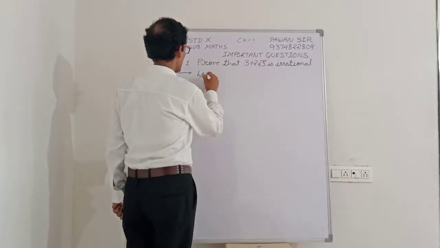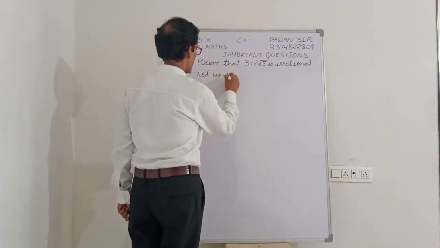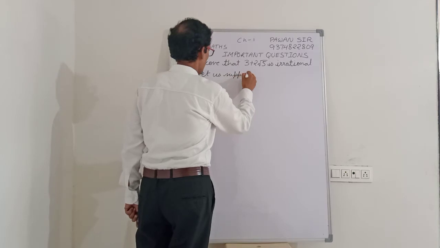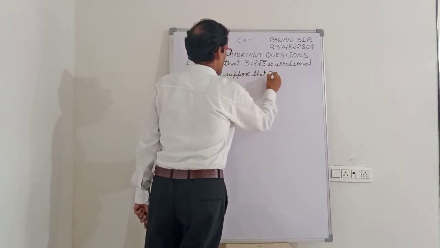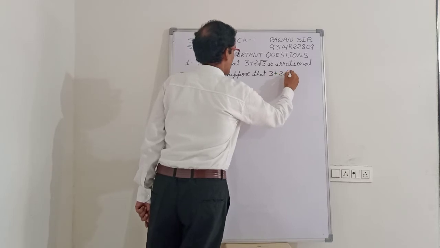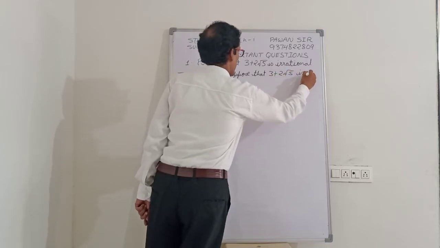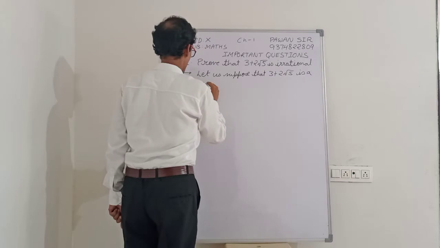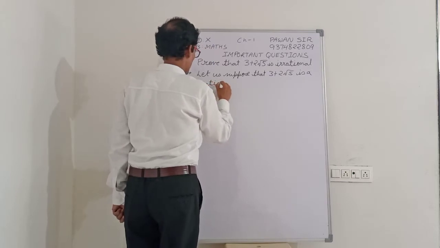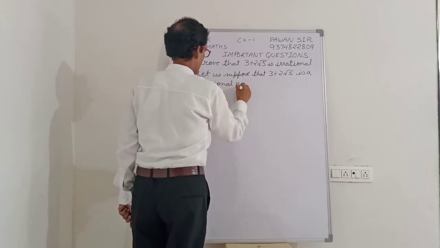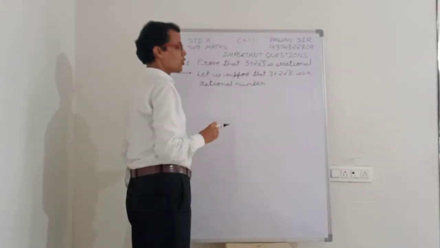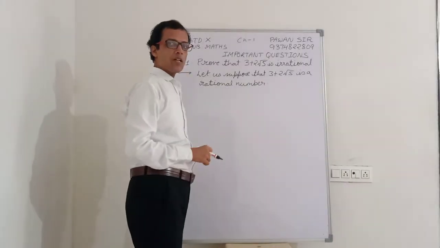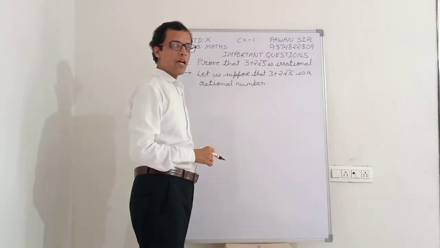Let us suppose that 3 plus 2 root 5 is a rational number. As you know, a rational number can be written in the form a by b.